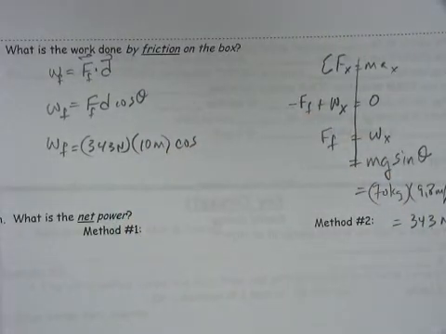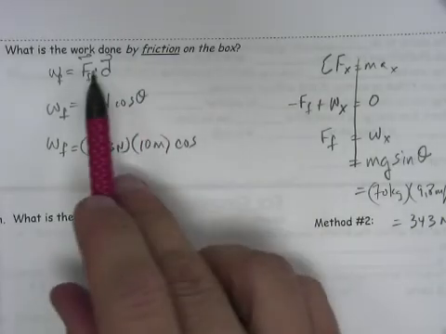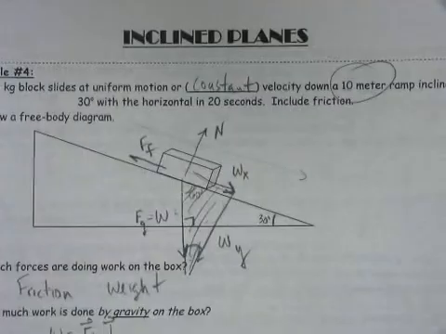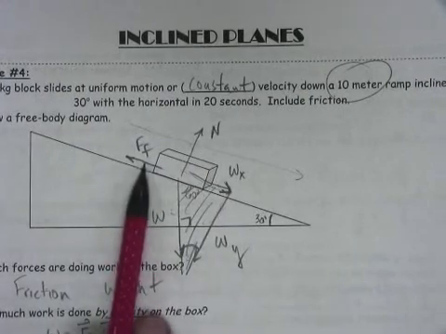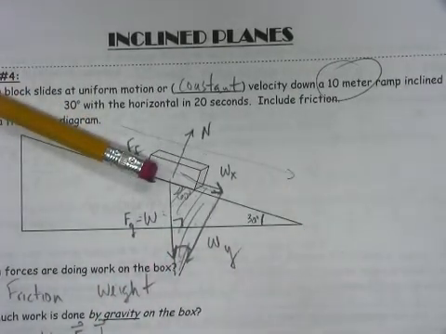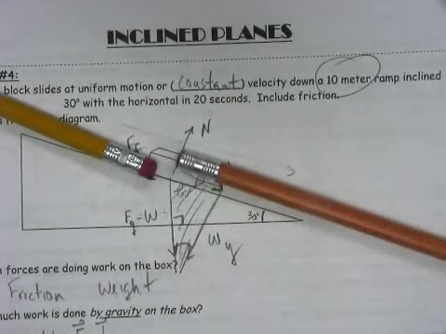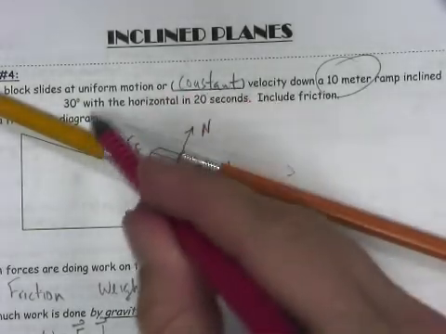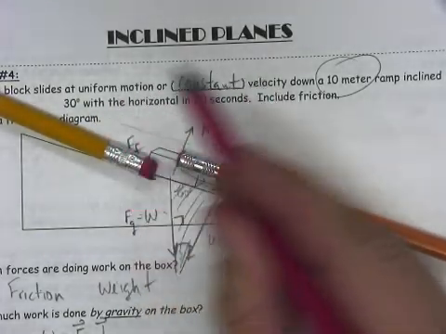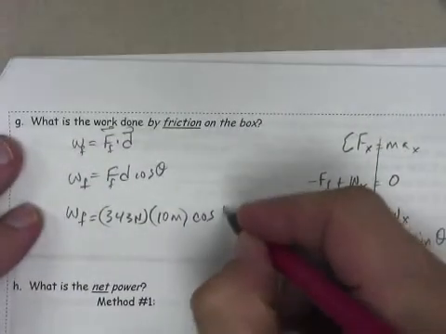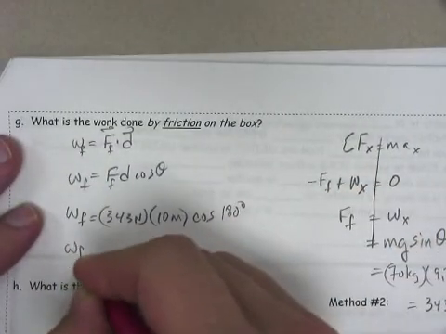Cosine of. All right, now this theta is going to be the angle between the force and the displacement. So this is friction. Friction is right here, so it's pointed up and to the left. Motion is down and to the right. So the angle between them is going to be 180 degrees. So we'll plug 180 into there.